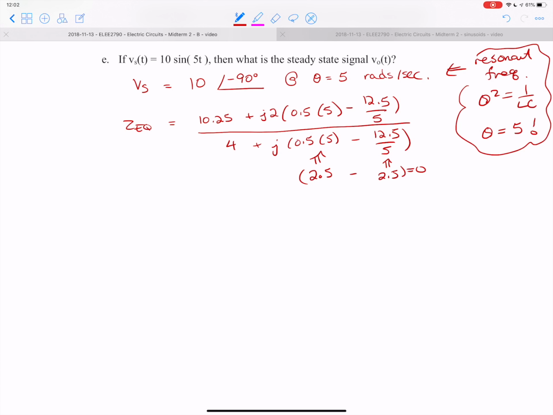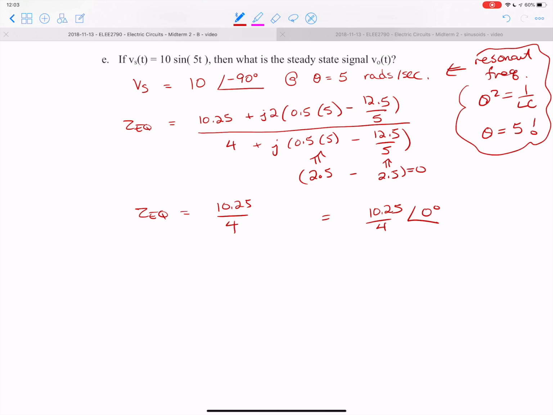So ZEQ simplifies to 10.25 divided by 4, and the complex part disappears, so you can really just write that as 10.25 divided by 4. And if you wanted to put it in polar notation, this is equal to 10.25 over 4 with an angle of 0 degrees.